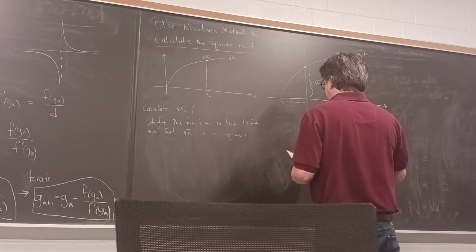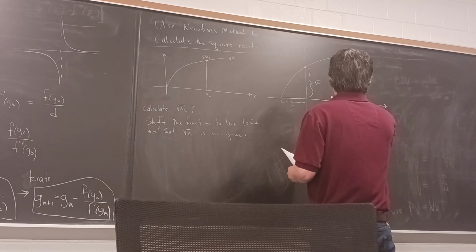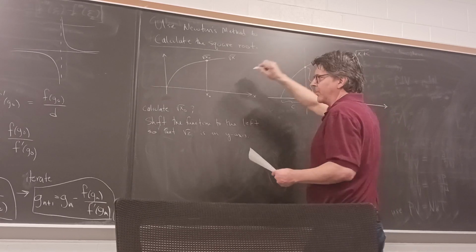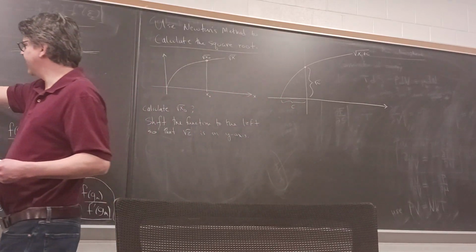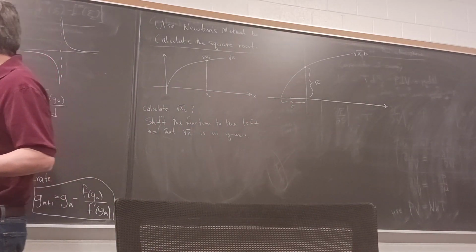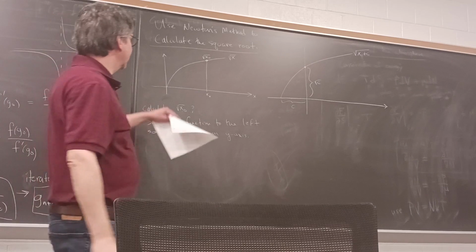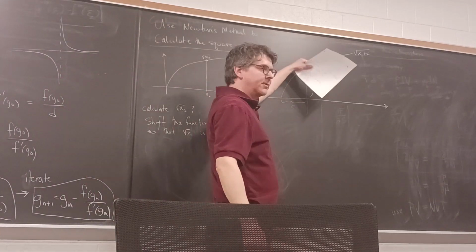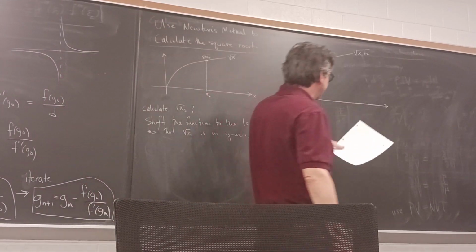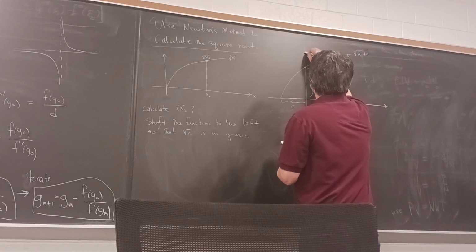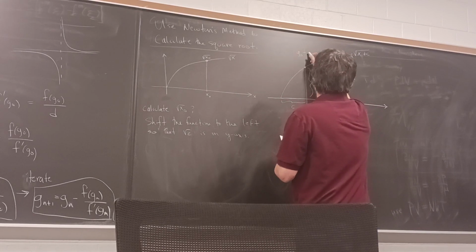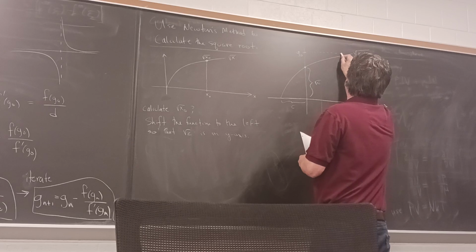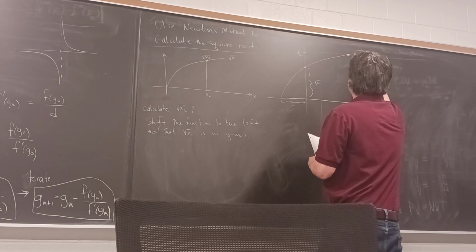Remember, when we were just doing the Newton method, my first guess was on the x-axis, but now since we've shifted it and we're trying to find this 0 here, my first guess is going to be on the y-axis. So let's put G0 here, and then follow this over to the curve.